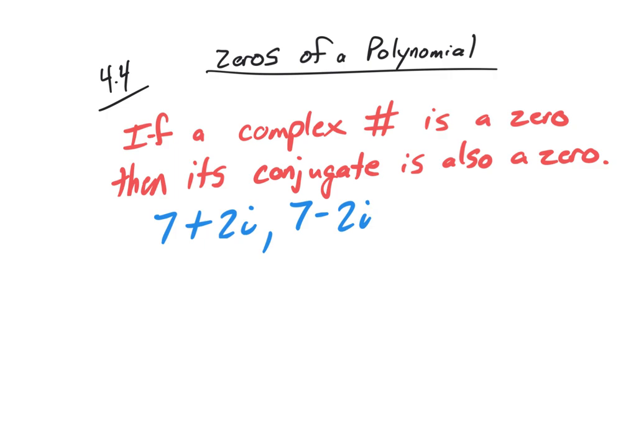Because conjugate's the other term that we talked about last chapter, especially when we did division of a complex number. We said we had to multiply by its conjugate, and I told you we continue to see that word from time to time. We could also do it with 8i. If 8i is a 0, then negative 8i is also a 0.